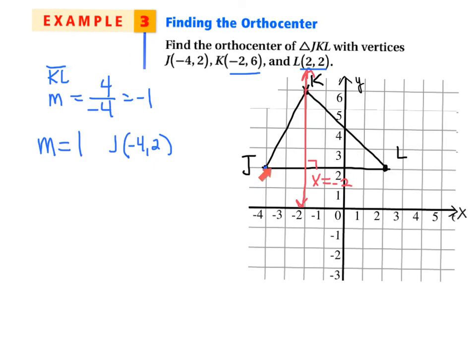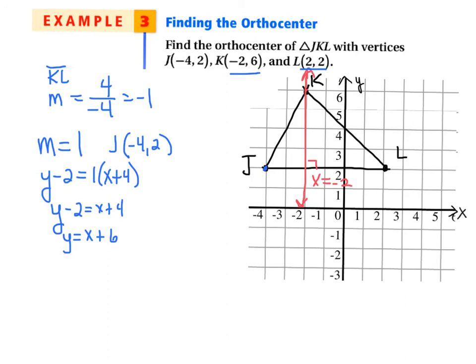Point-slope form. I already have a point, that's J. So I'm going to plug this into point-slope form. I'm going to solve for y. Add 2 to both sides. My equation is y equals x plus 6.